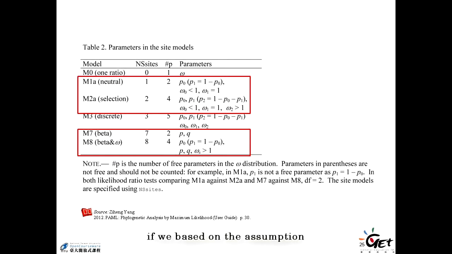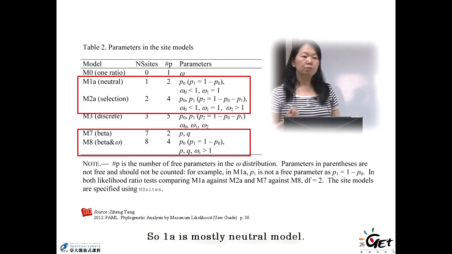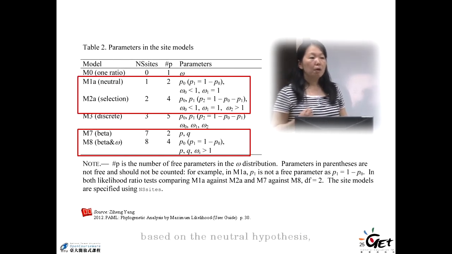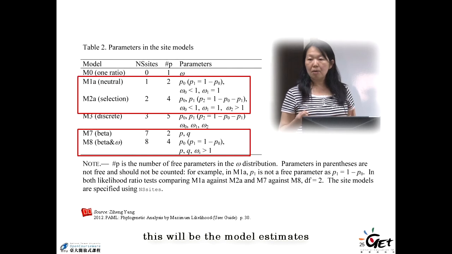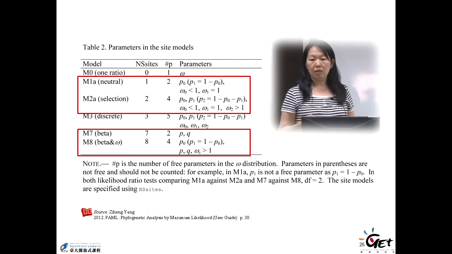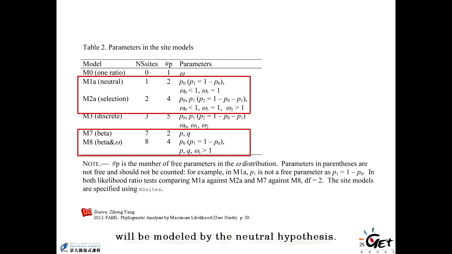And so if we base on the assumption of the gamma distribution, then we'll use the model 1A and 2A. So 1A is the most neutral model, and that means based on the neutral hypothesis, the numbers or your estimates will be modeled by the neutral hypothesis.